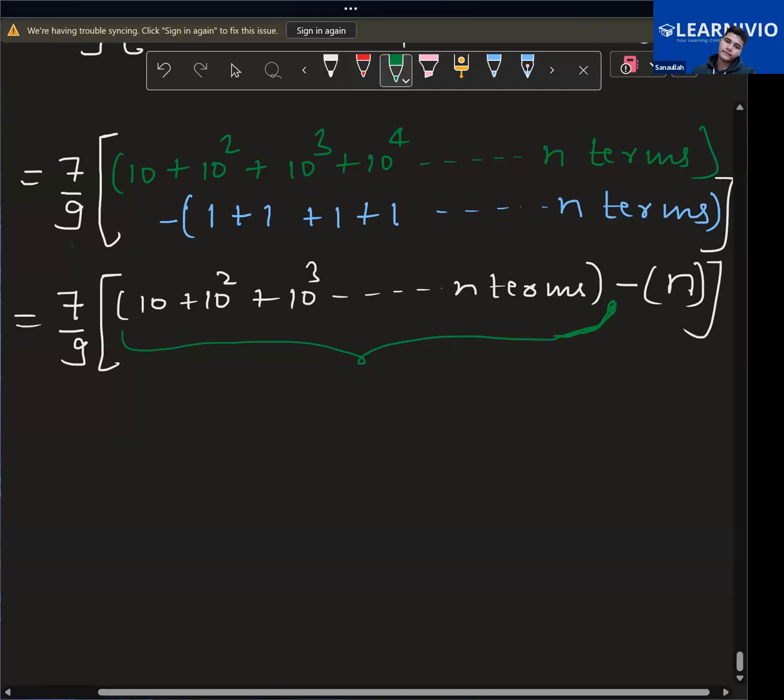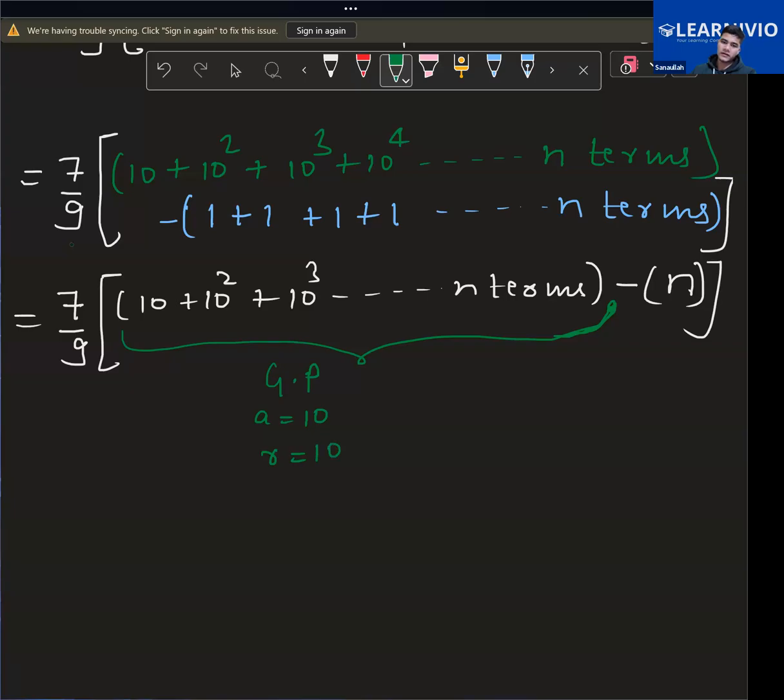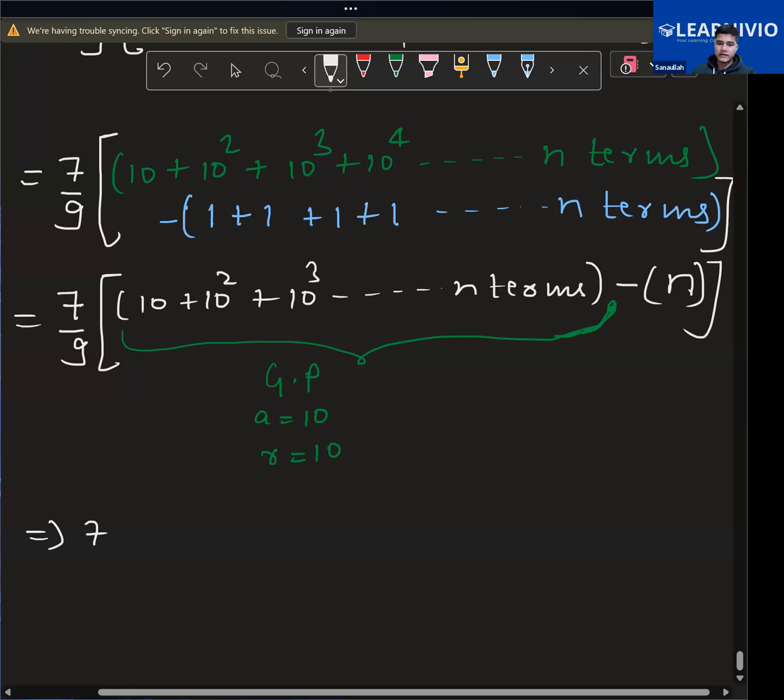What is A? Sir, A is 10. A is 10. What is R? R is 10. R is 10. So we have to solve this like 7 by 9.